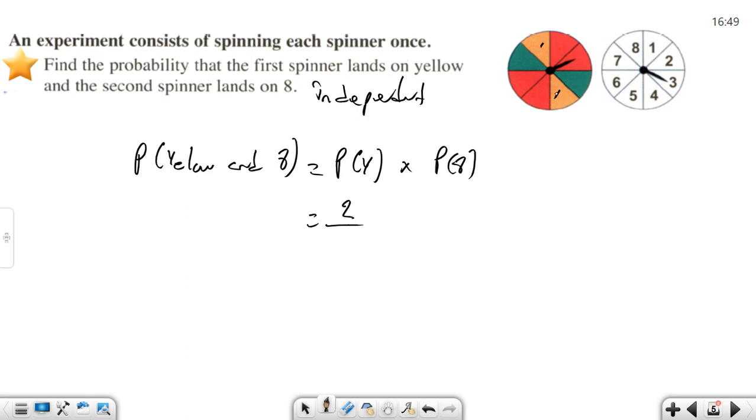There are 2 yellow out of 8 sectors, so 2 over 8. Multiply by, again there are 8 sectors, only 1 of them is 8. So 1 over 8, that's equal to 2 over 64. In simple form, 1 over 32, and you can convert it to a decimal.